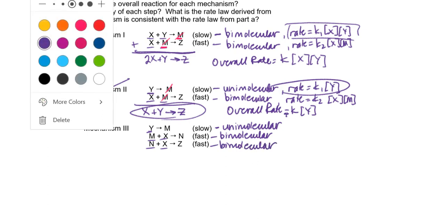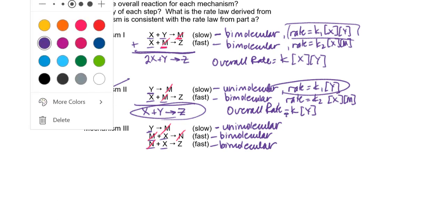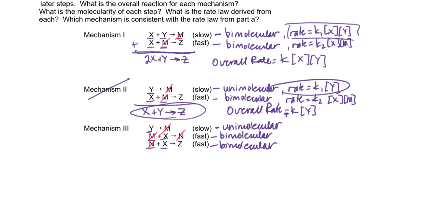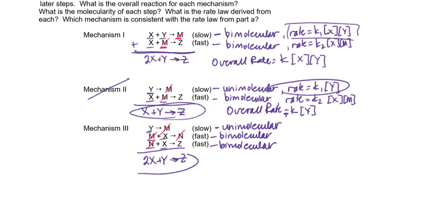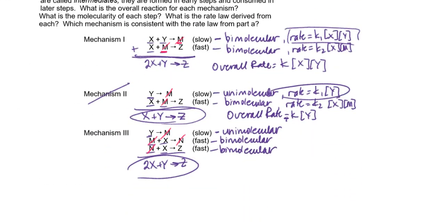Now, if I take a look for reaction intermediates, M would be an intermediate and N would be an intermediate. And if I add vertically, then I would get 2X plus Y gives me Z. So then that checks out with the original reaction equation.